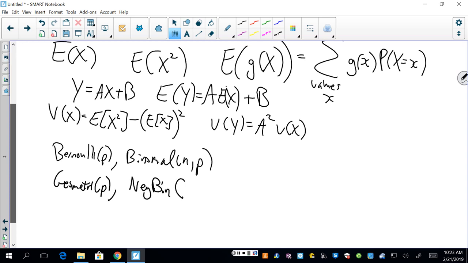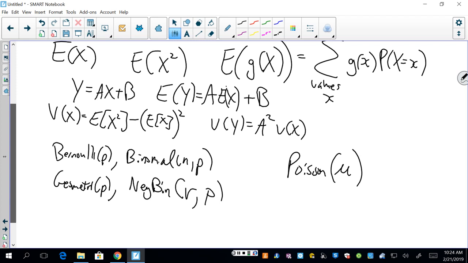And this was like having r geometrics. We looked at Poisson, which counted things that occurred at a certain rate, 9 per hour or 4.5 per hour. That's primarily what we'll put on there.